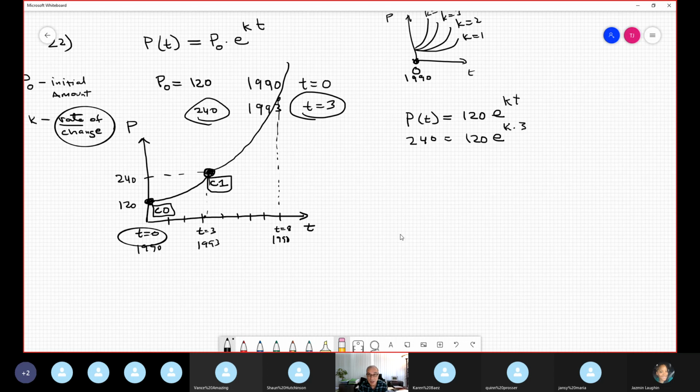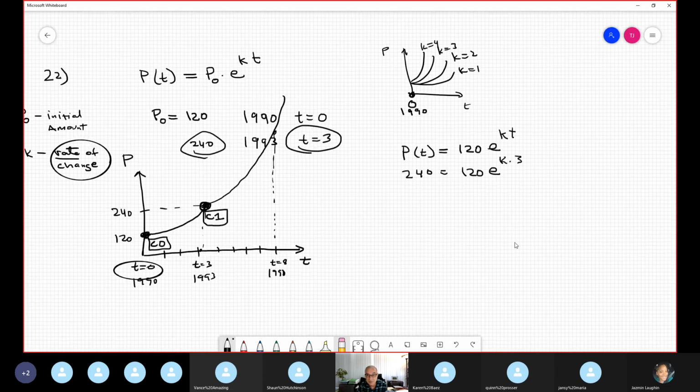So how the family of exponentials increases: faster, or slower. At this moment I have one exponential equation. Let me divide by 120 both sides. Obviously it is 2, because the population duplicates.